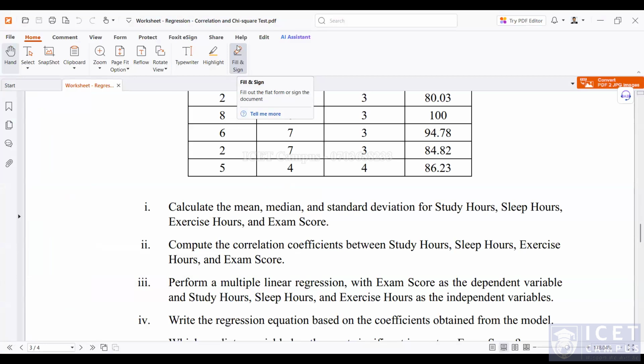Then we need to select the needed statistics: mean, median, and standard deviation. Only these three.